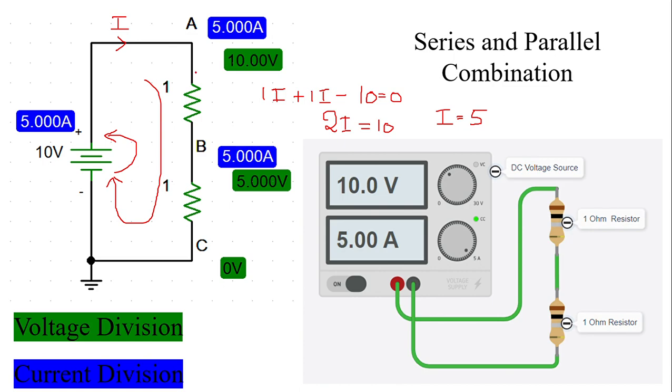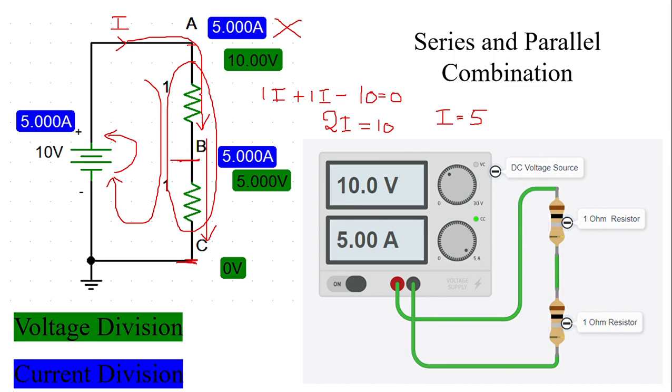If two components are in series with each other like this, current will not get divided. The same amount of current flows through both the resistors. But the voltage at this point with respect to this is 10 volts, and the voltage at this point with respect to this is 5 volts.